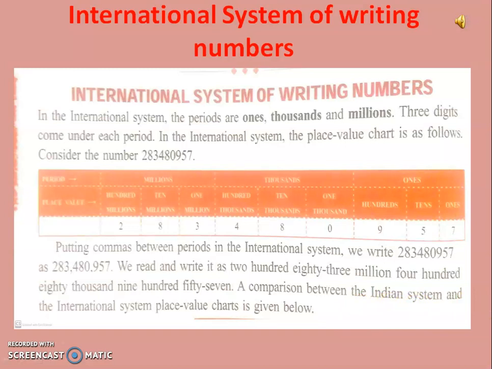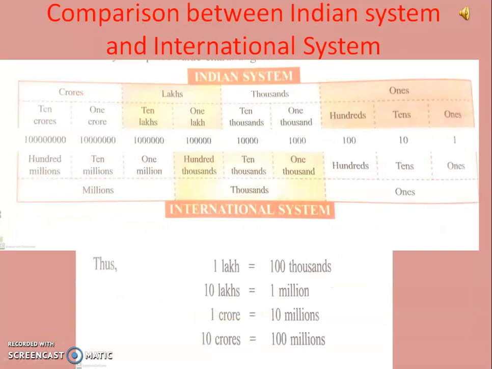Let's see. Now the comparison between the Indian system and the international system. Here we can easily compare them by seeing this table. The upper table shows the Indian system and the lower table shows the international system of writing numbers.